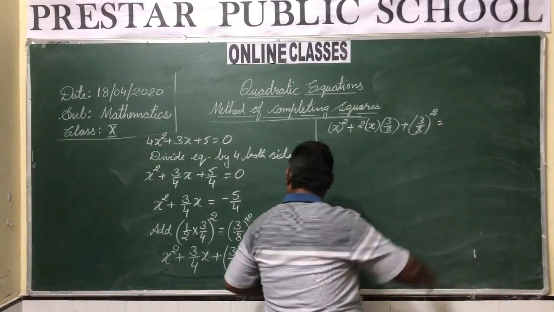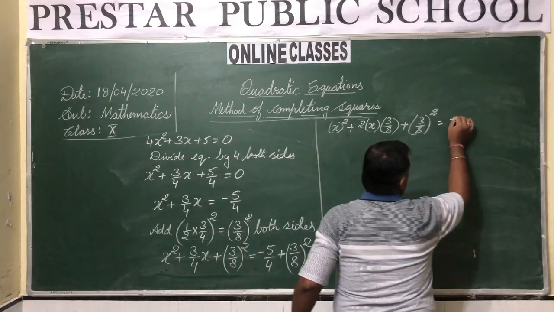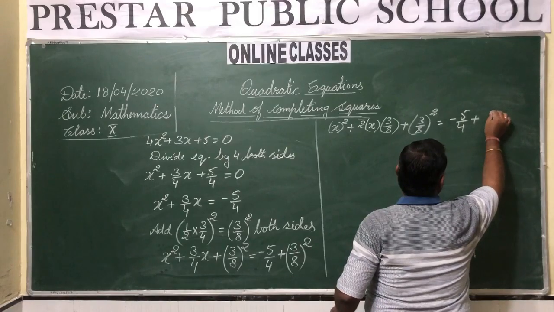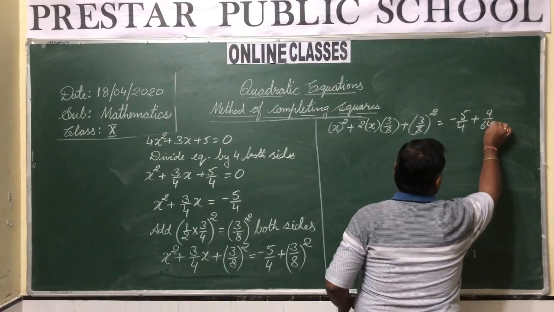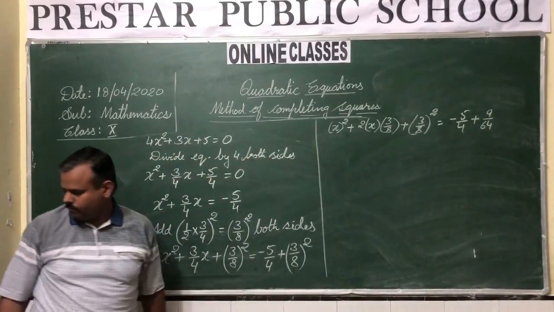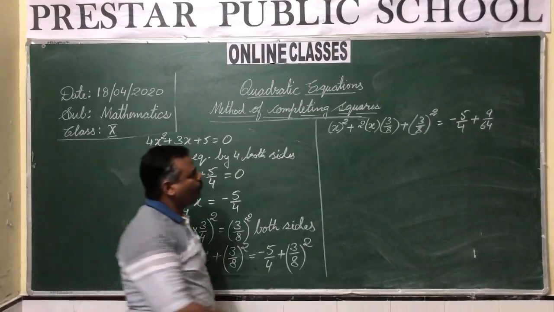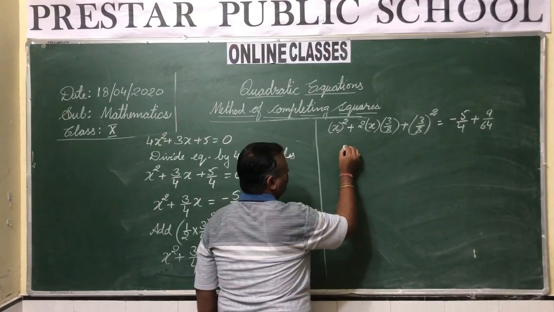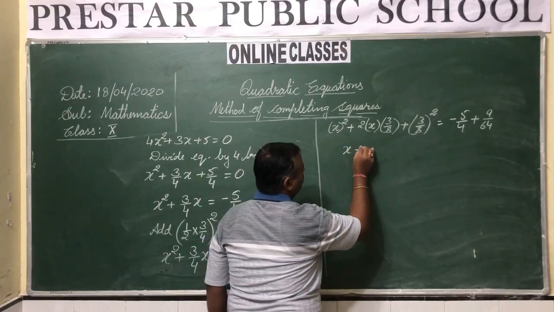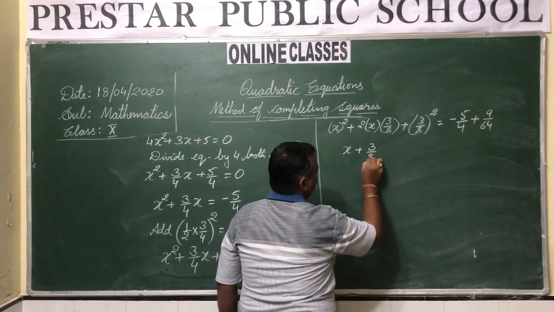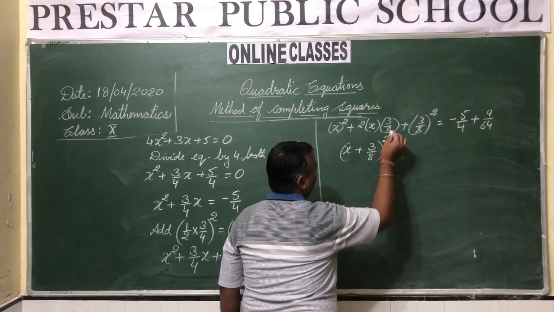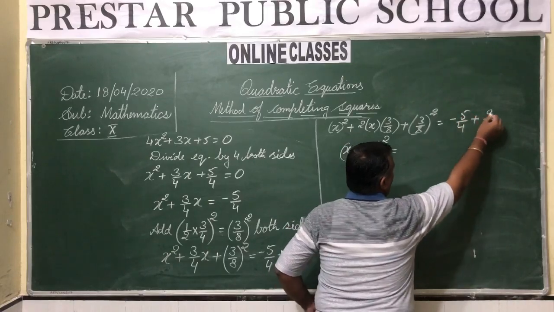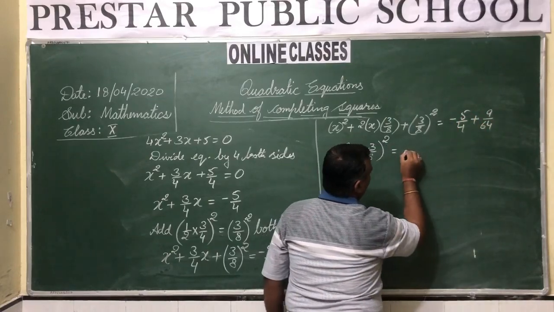And on the right hand side, it is minus 5 upon 4 plus the square of 3 upon 8, that is 9 upon 64. Now further if you simplify it, this is a squared plus 2ab plus b squared, so it is a plus b whole squared. Using that identity, it is written as x plus 3 upon 8 whole squared equals minus 5 upon 4 plus 9 upon 64.